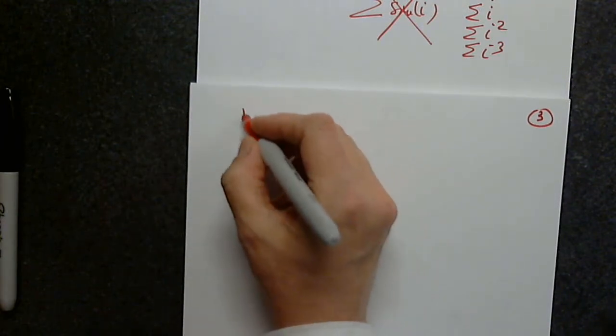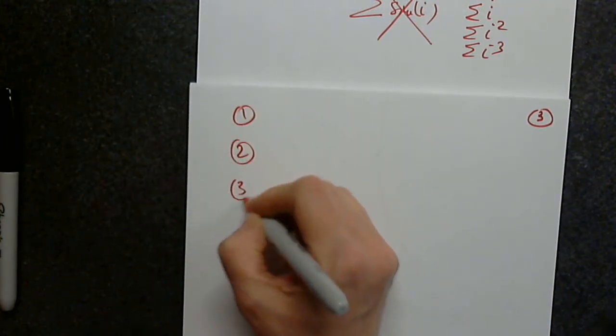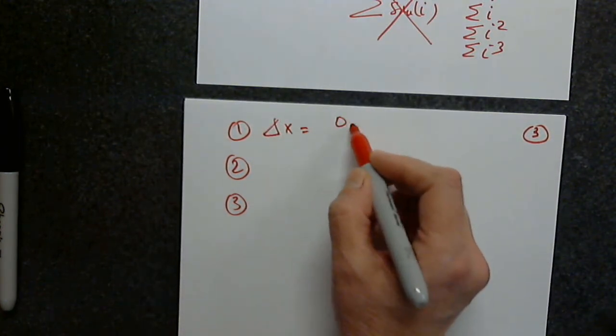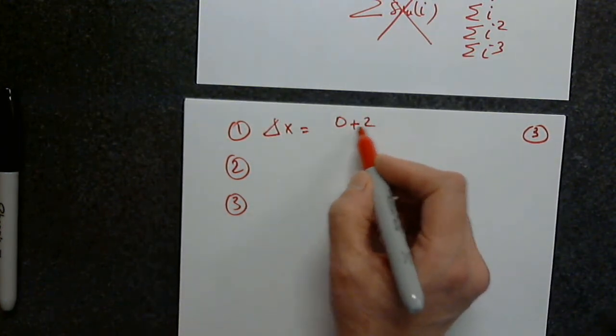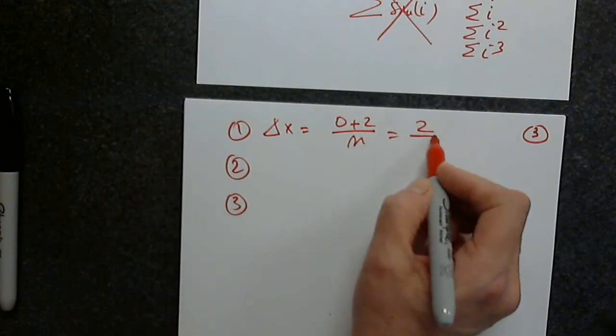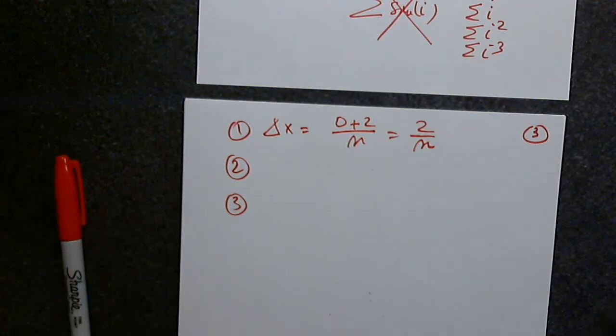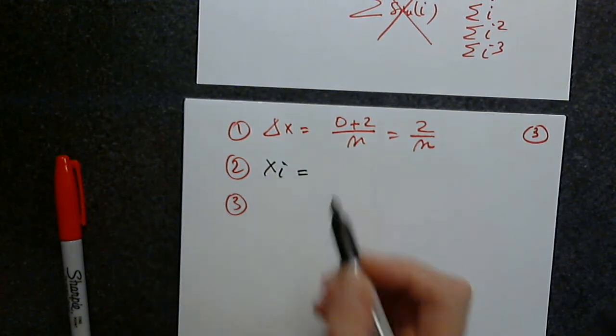Okay, so remember the 3 preps. The first one is delta x, which is 0 minus negative 2 divided by n, or 2 over n. That's b minus a divided by n. Then we have to determine xi.